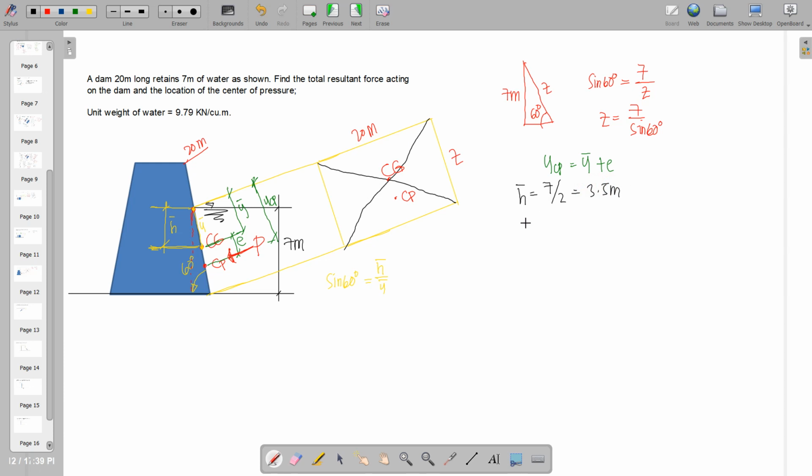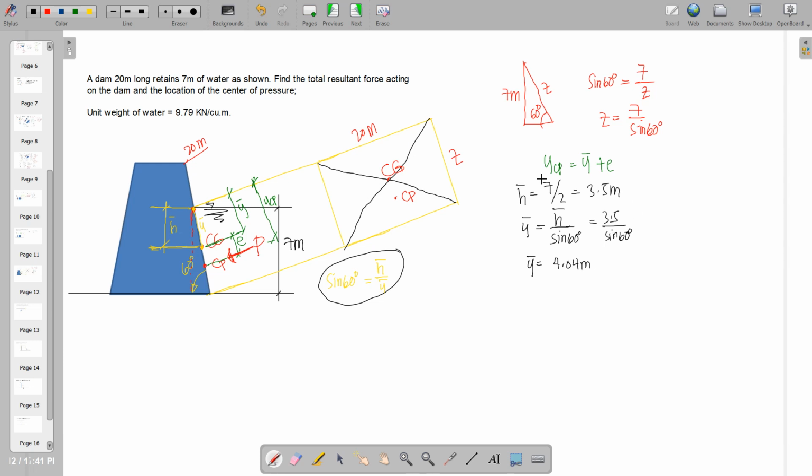And then Y bar is simply equal to H bar over sine of 60 out of this relationship. So therefore, we can just substitute in that expression, we have Y bar is equal to 4.04 meters.